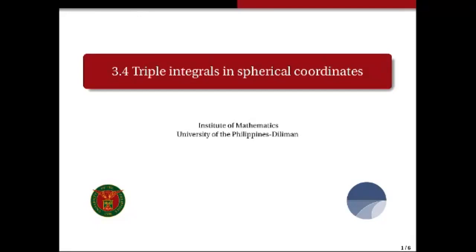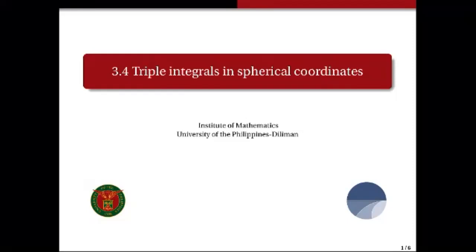So here, of course, we will tackle how to convert rectangular coordinates to spherical coordinates, but in the form of integration problems, right?